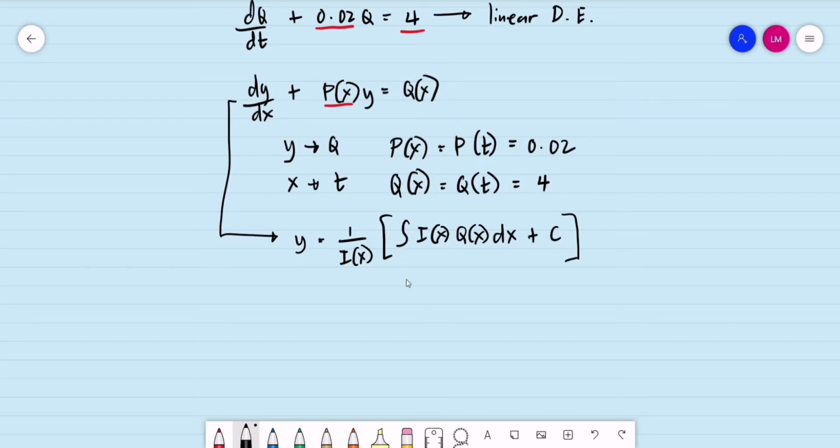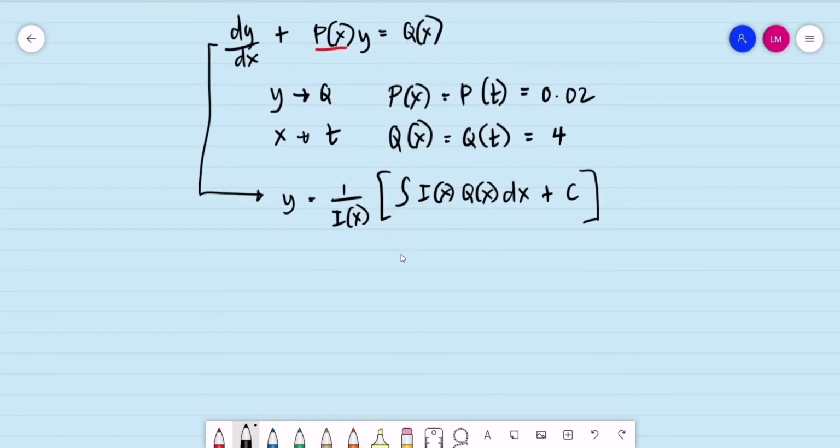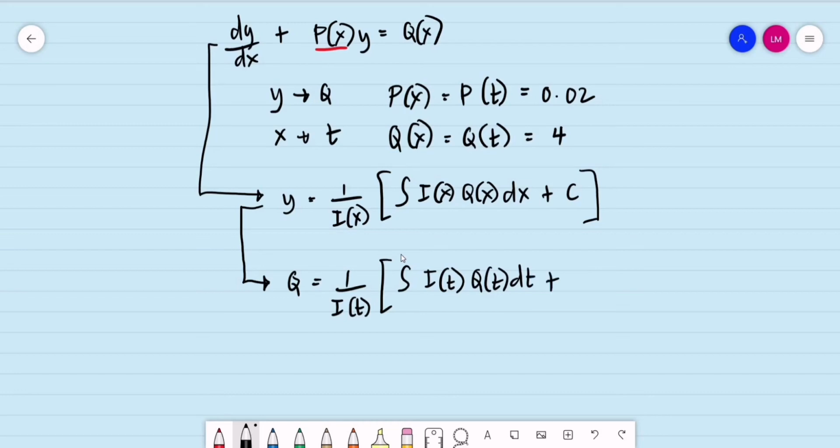But again, instead of using y or x, I'll be using the variables applicable for this example. So from this general formula, instead of y, I'll be using Q is equal to 1 over the integrating factor I of t, multiplied by the integral of I of t multiplied by Q of t, dt, plus the arbitrary constant c.